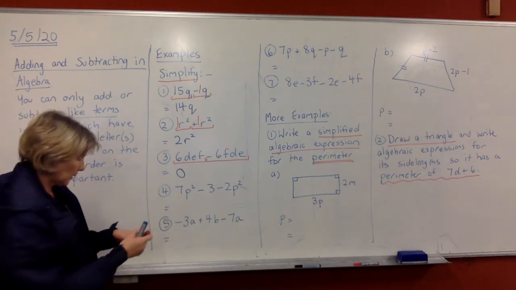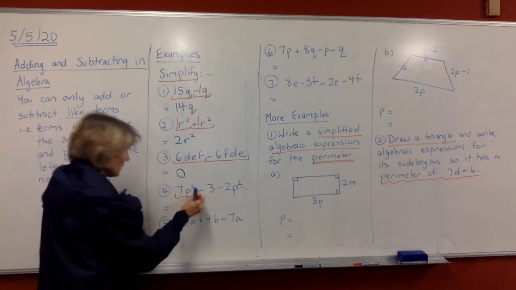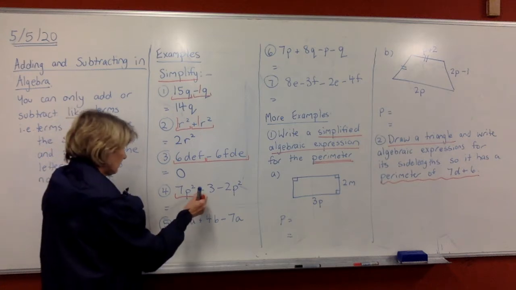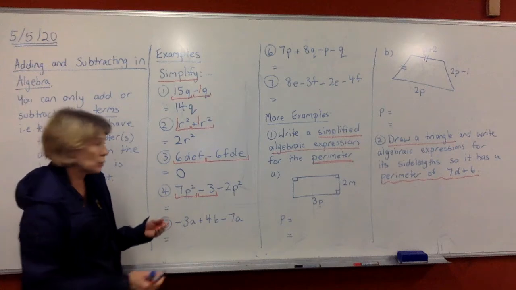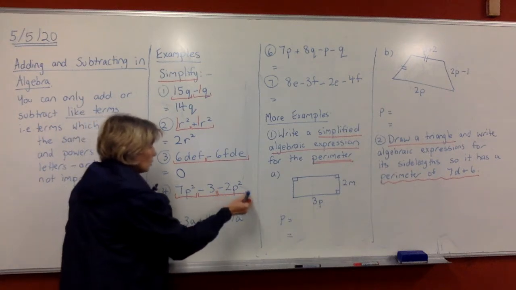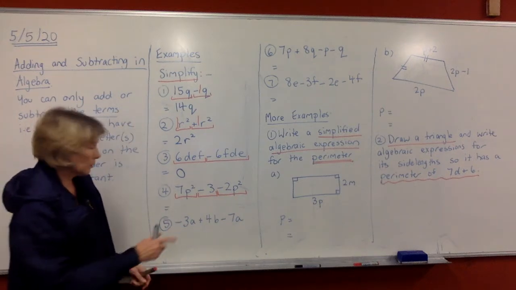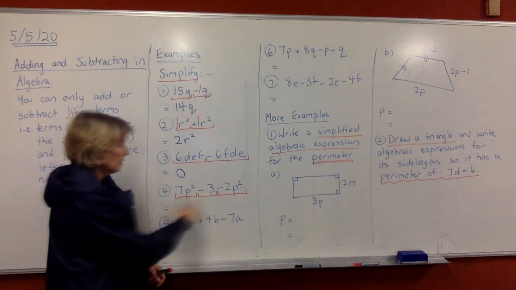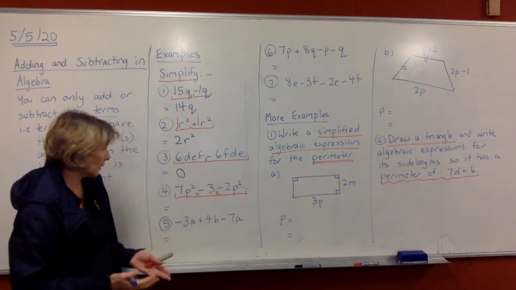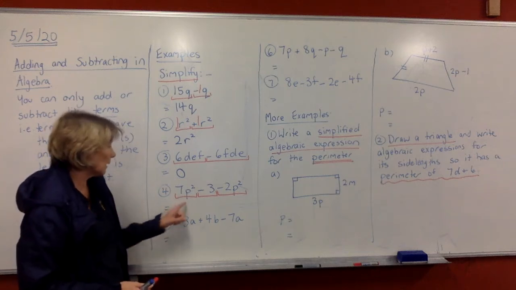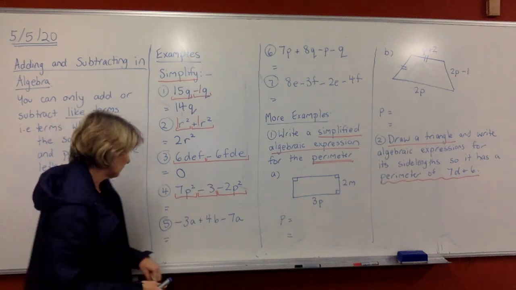Okay, over here we have three terms. We have 7p squared minus 3 and minus 2p squared. Remember the sign starts your term. So 7p squared and minus 2p squared are like terms. They both have a p squared. So we can collect those two terms together.